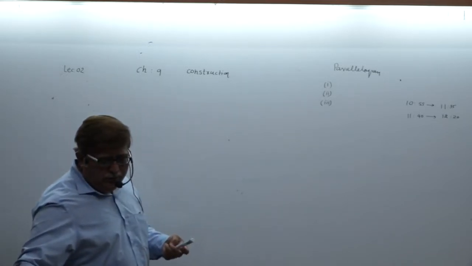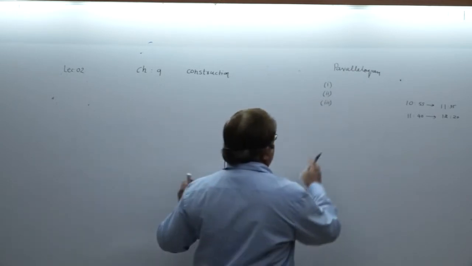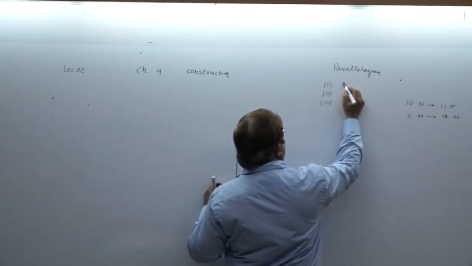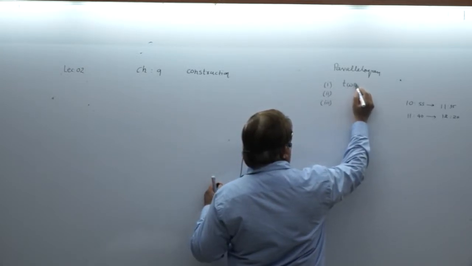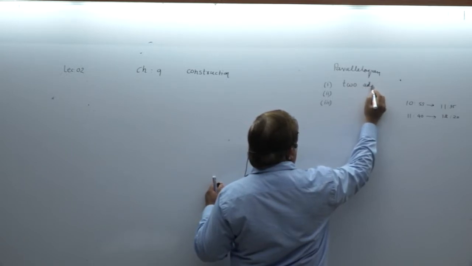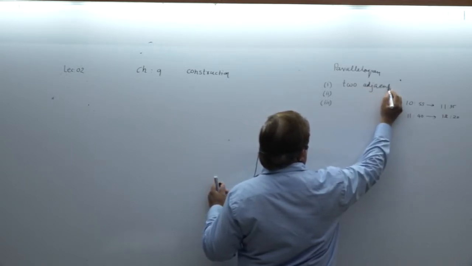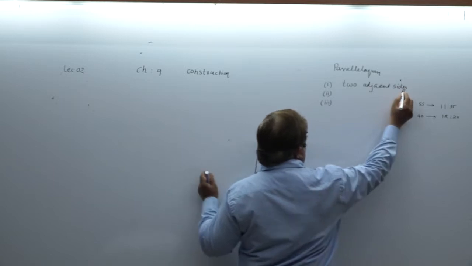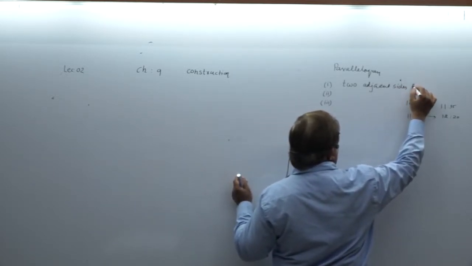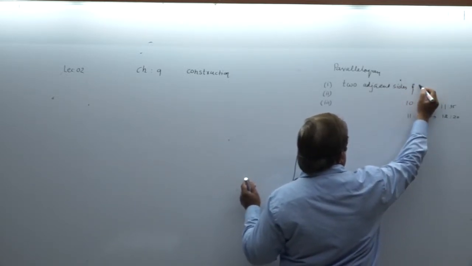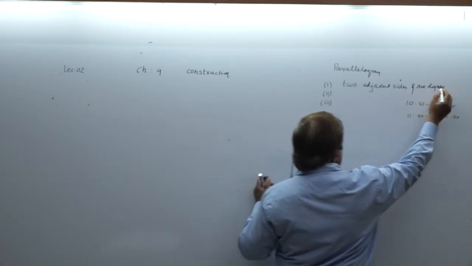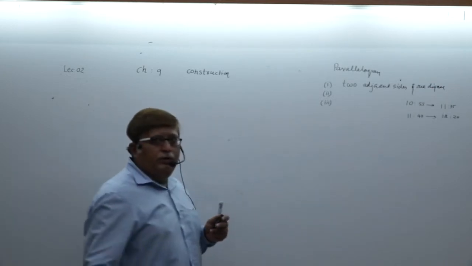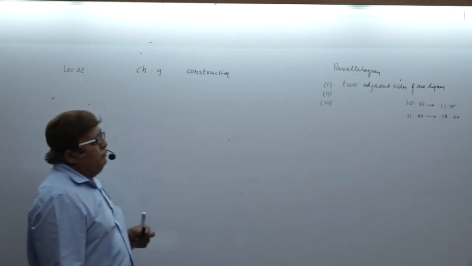I am just noting down the data for you. We have already done type 1, in which two adjacent sides and one diagonal are given. That is the type we have already done.